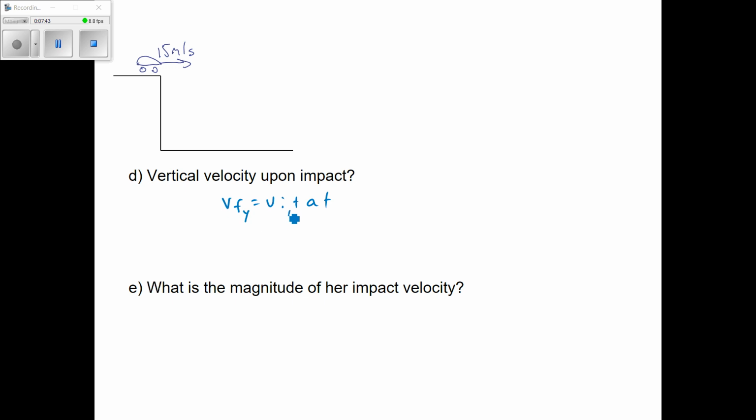We want to find Y information, so I put my little subscripts there. So the initial Y velocity is 0. The gravity is negative 9.81, and it's in the air for 3.9 seconds. So if I use my calculator, I get negative 38.3 meters per second. It's negative because she's going down.